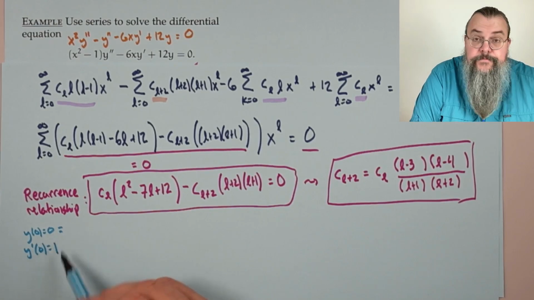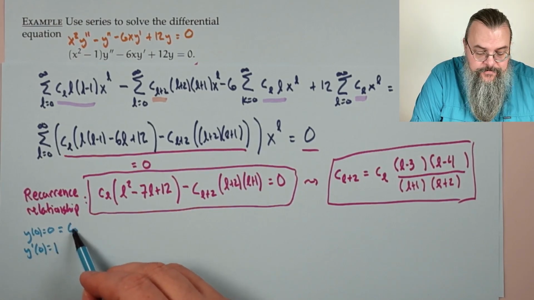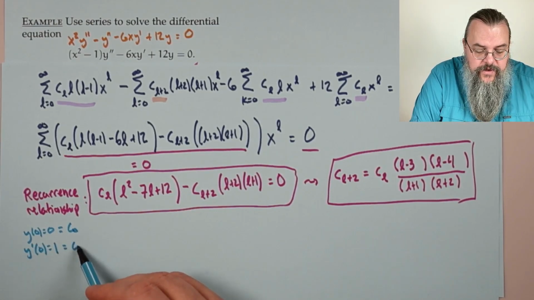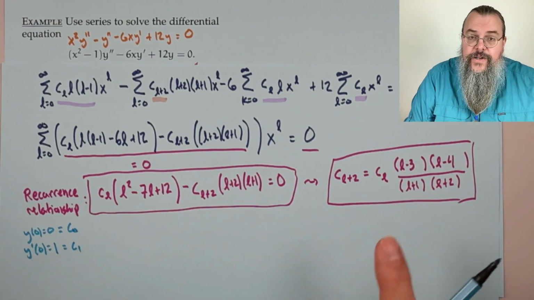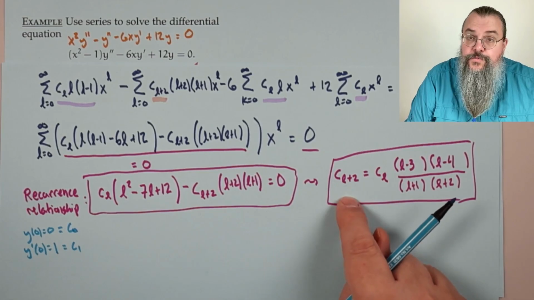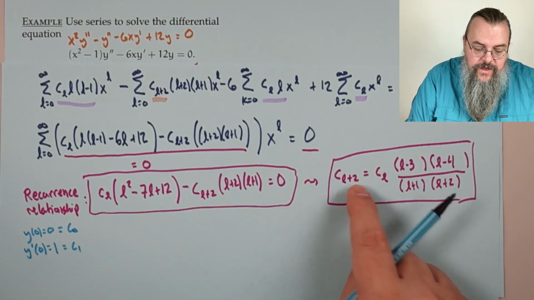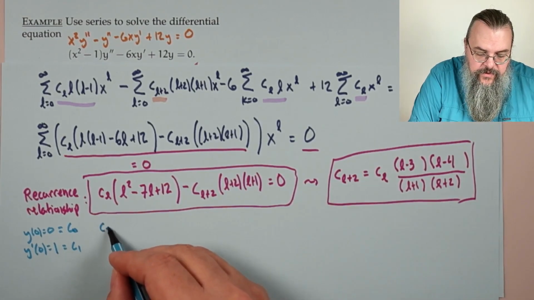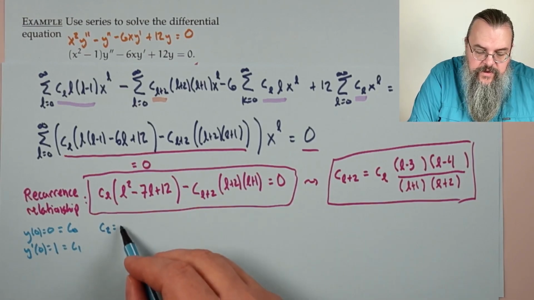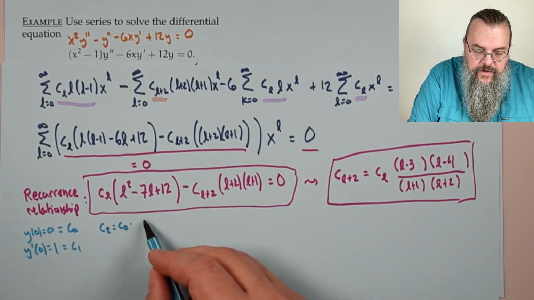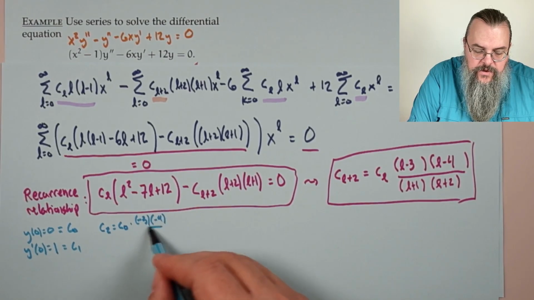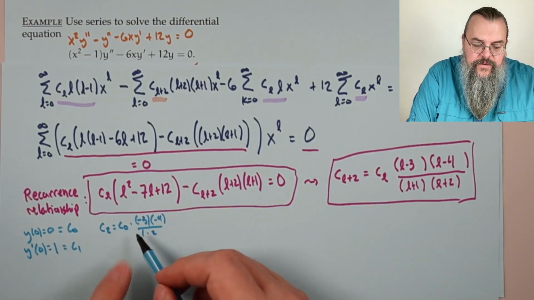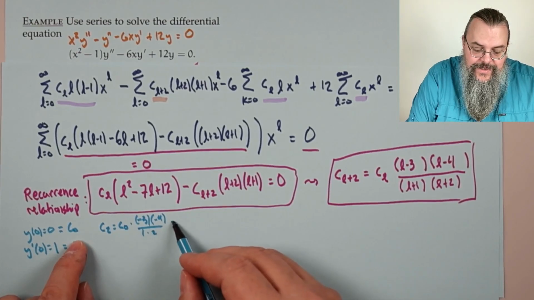Now, y of 0 is our C0, and y prime of 0 is our C1. So let's talk about our C2. C2 would be L equals 0. So according to this, C2 is C0 times minus 3 minus 4 over 1 times 2, but C0 is 0. So this is 0.